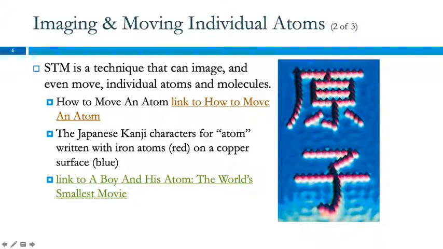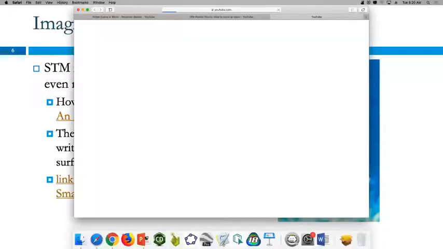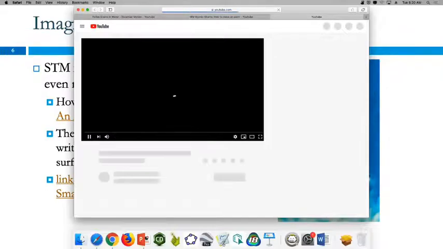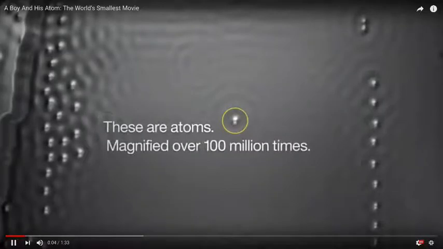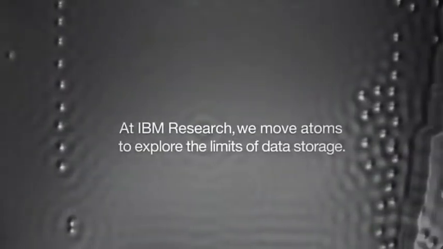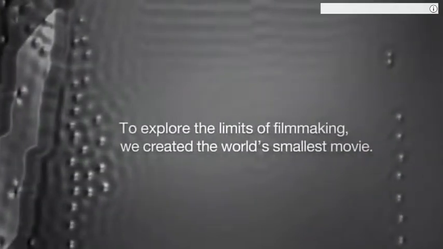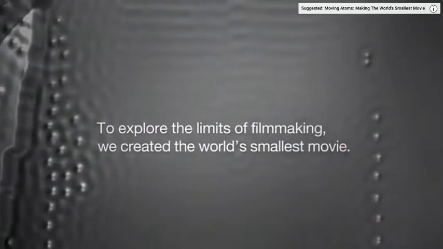Then you can also do stuff like this. This is what might be the world's smallest movie. So all those bumps are atoms.